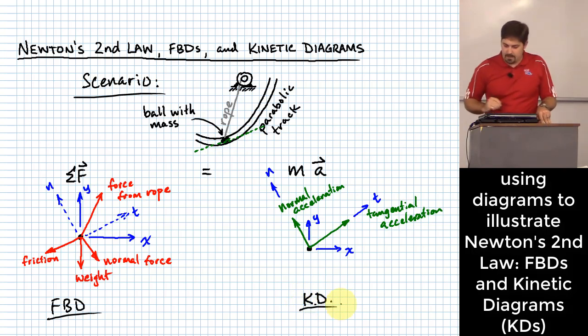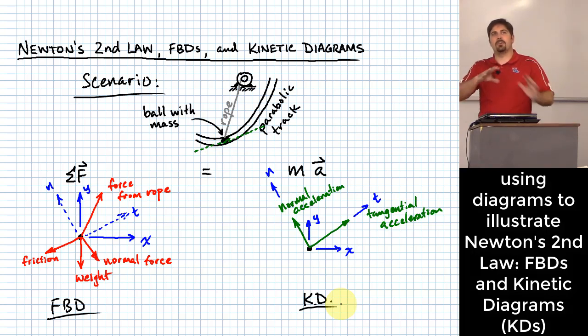Because there's a wider variety of different types of ways that you can be given how a body might be moving, right? That universe is fairly large. It's harder to establish specific rules for establishing a kinetic diagram like there is for a free body diagram, okay?